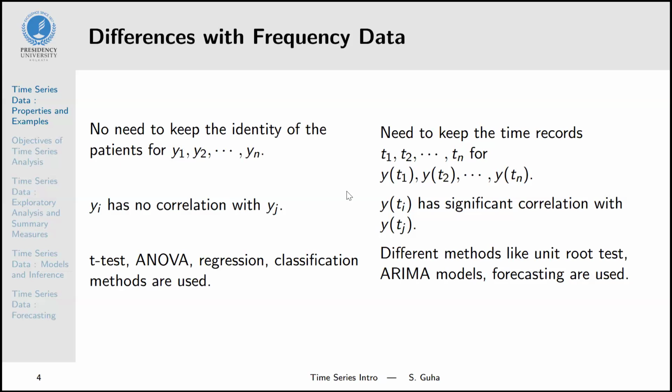By that I mean, as if I am keeping records on day 1, then day 2, then day 3, and so on, or month 1, then the second month, then the third month. So there is an equal gap between consecutive time points.